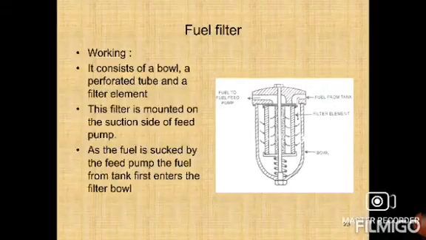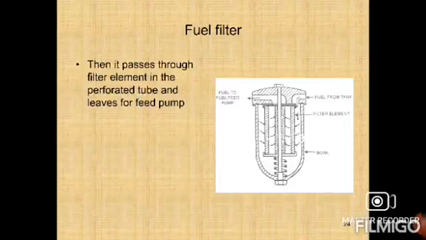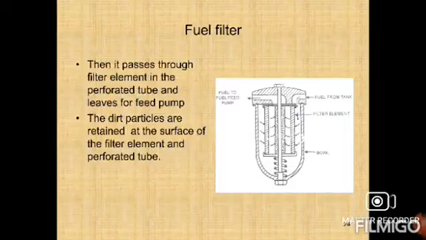So what is the working? It consists of a bowl, a perforated tube and a filter element. The inner side has the filter element, and the filter is mounted on the suction side of the feed pump. As the fuel is sucked by the feed pump, the fuel from the tank enters the filter bowl, then passes through the filter element in the perforated tube and leaves for the feed pump.